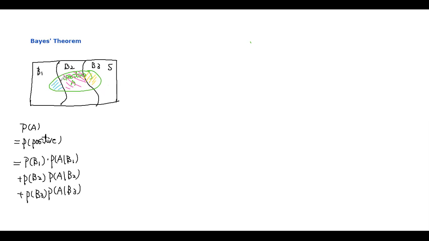It makes sense: you have 3 groups of people, and from the previous, if people have strong symptoms, what is the chance the result will show positive? And if people have no symptoms, what is the probability the result will show positive? So you add these 3.